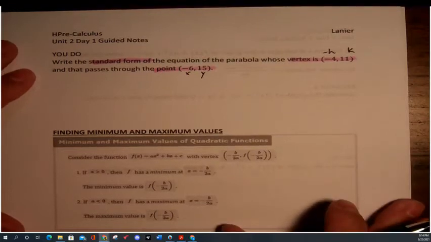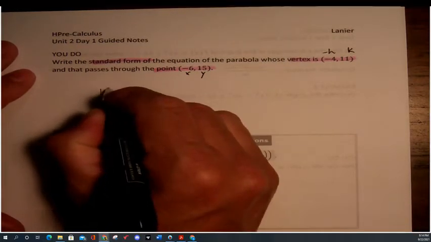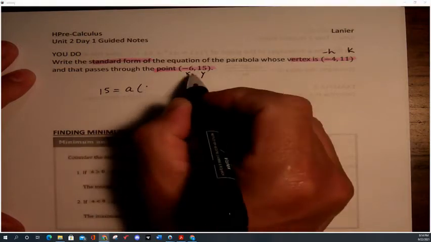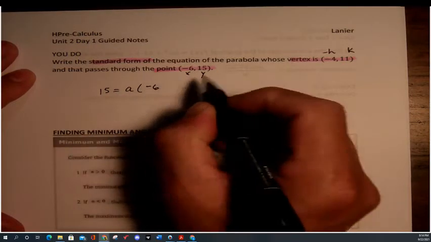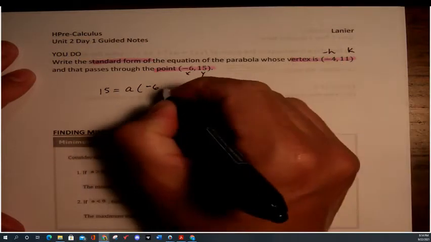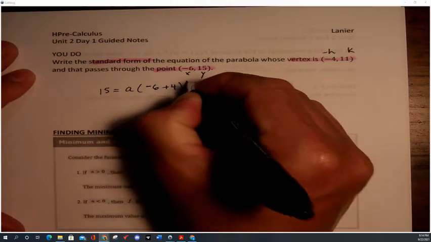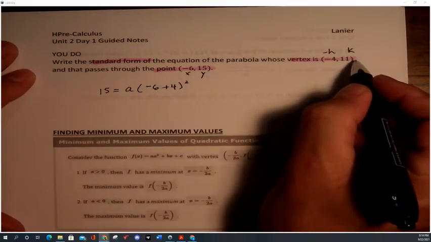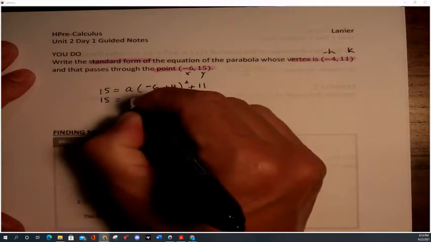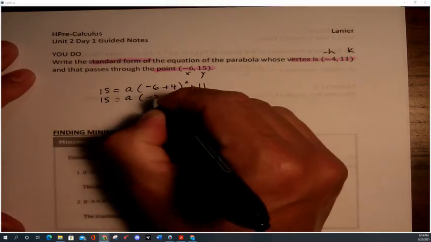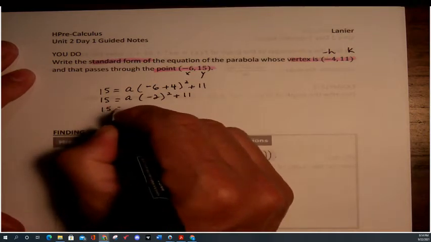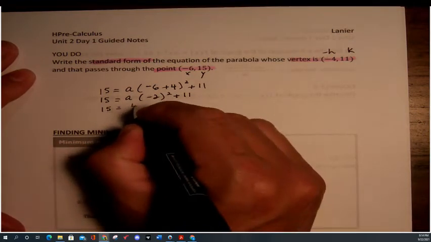So let's go ahead and substitute everything in. 15 is equal to a, which I do not know. X is negative 6. My negative h is going to be positive 4. And my k value is a positive 11. Let's work inside the parentheses first. In this case, negative 2 squared is 4. That will give me 4a.